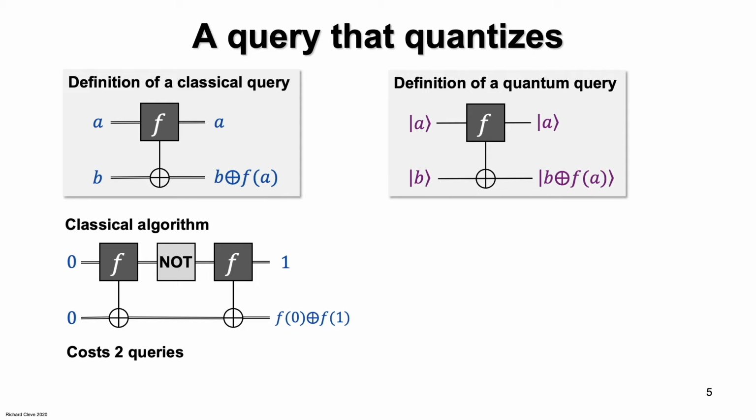The first possibility is that the output bits are a and b again, unchanged, which happens exactly in the case where f of a equals 0. The second possibility is that the second bit gets flipped in the case where f of a equals 1. So the only information about f acquired when such a query is made is the value of f of a. Therefore, even with this new classical query, the problem cannot be solved with one query.